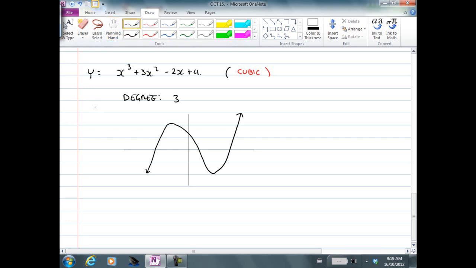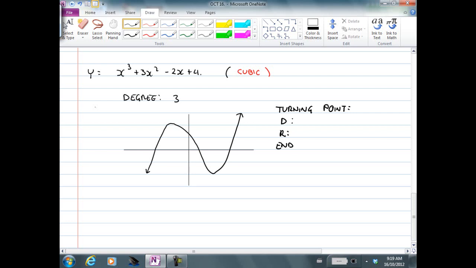Here's my next thing. I'm going to ask you turning points, domain, range, and what else? End behavior. There's no vertex.